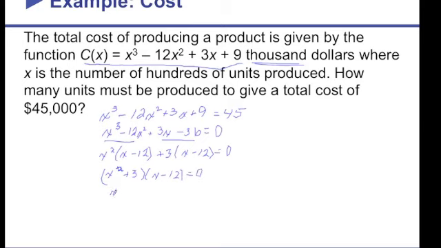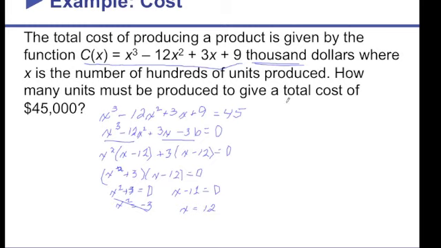While solving this, x squared plus 3 equals 0 will give me x squared equals negative 3. And that will give us no real solutions, so that really can't work. So x minus 12 equals 0. We find out x equals 12.